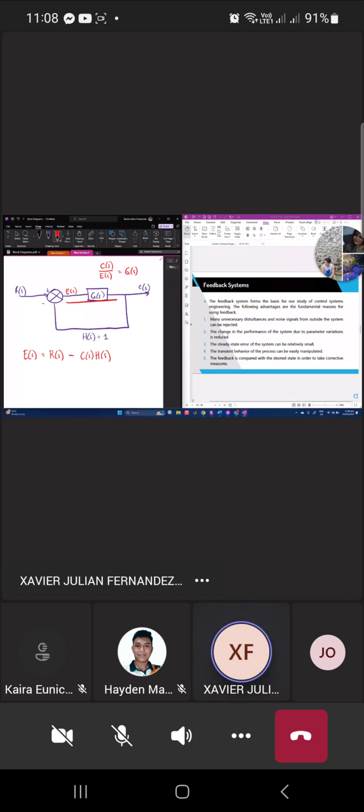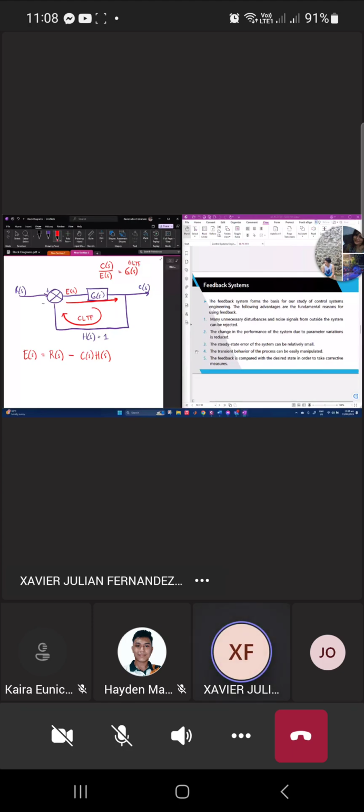If the path only goes forward, that's the open loop transfer function. If we take the total transfer function of the system by taking the feedback loop, we call that the closed loop transfer function. We will discuss that later on.